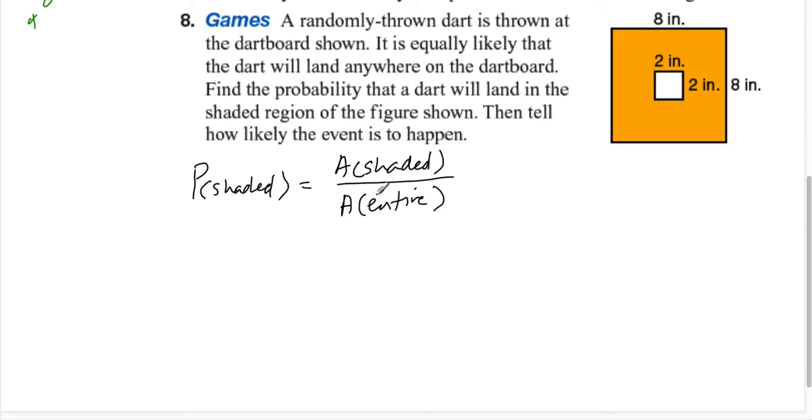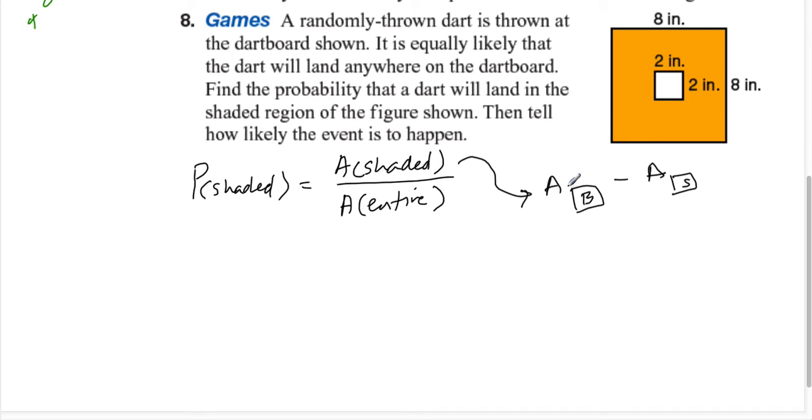Now it's a little bit tricky because to find the area of the shaded region, you need to find the area of the big square minus the area of the small square.